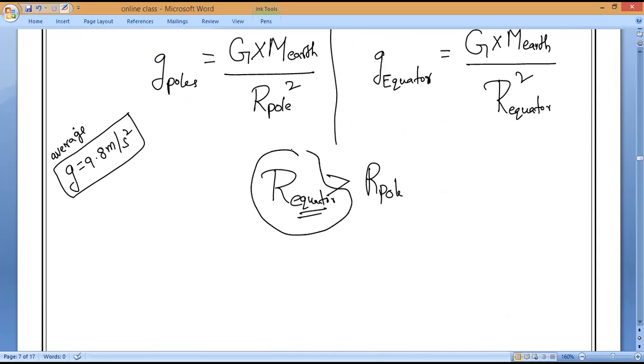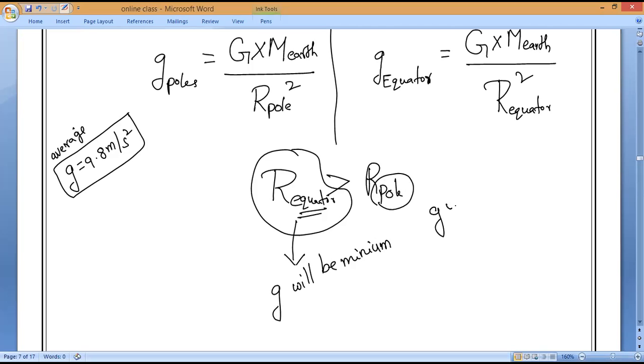So the g value is minimum or maximum? Minimum. g will be minimum because the radius is more. Understanding? Now at the poles, the radius is minimum.